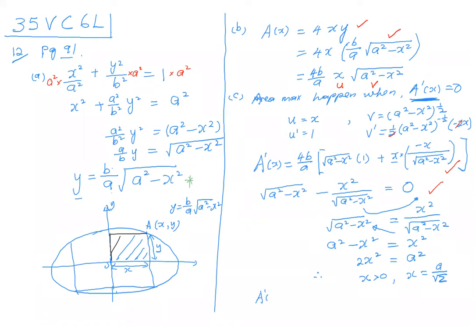So A prime x. If you have a look at here, what is the possible value for x? What is the domain here? Look at this diagram. Look at the ellipse. Can I draw a sign diagram like that? No. So what is the maximum value for x?